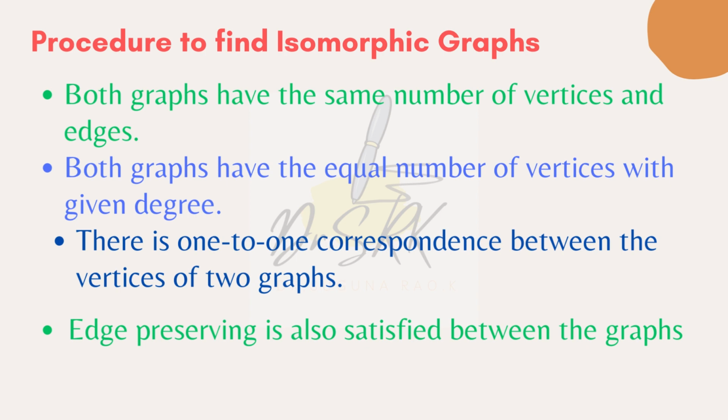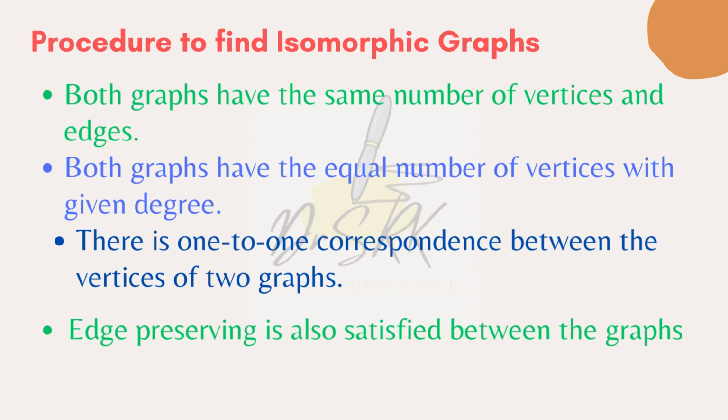Third point is there is one to one correspondence between the vertices of the two graphs. And the fourth point is edge preserving is also satisfied between the graphs. By testing these four points, we conclude whether the given graphs are isomorphic or not.